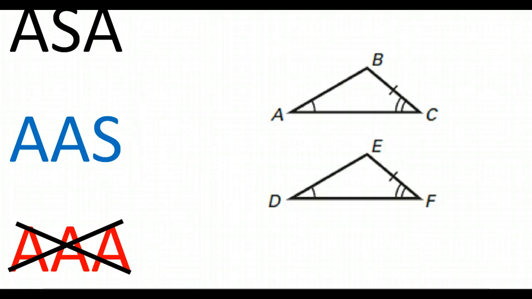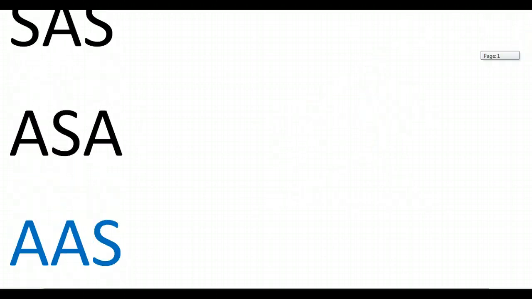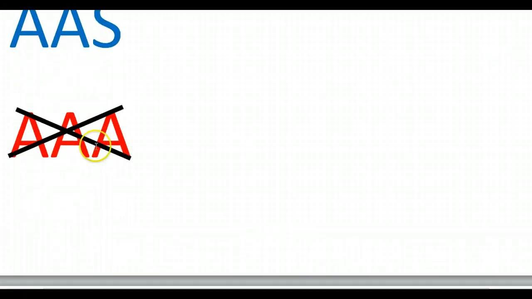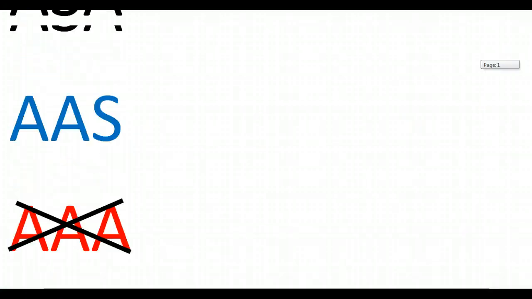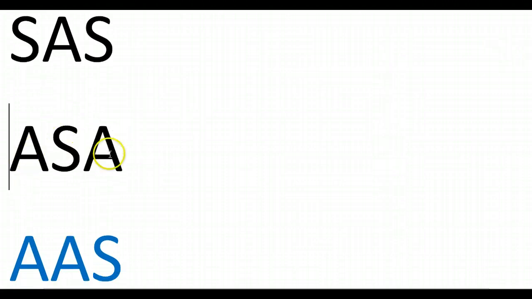Okay, what's left in terms of rearranging these letters? Is there anything that we haven't done yet? We had three sides, we had three angles. Three angles did not work. We tried two sides with the angle in the middle. We tried two angles with a side in the middle. All these things worked.